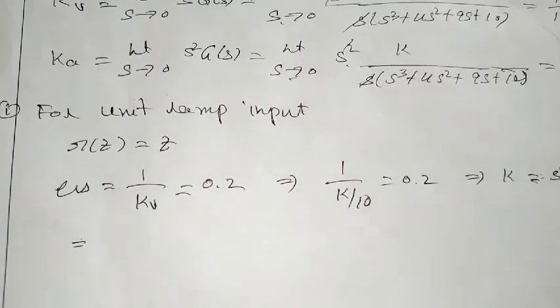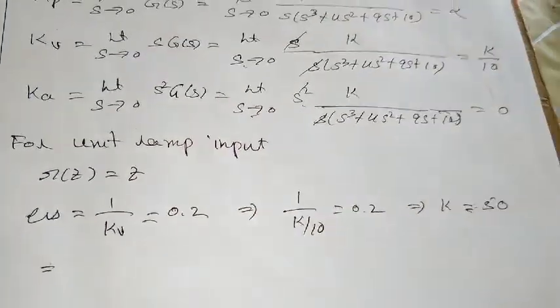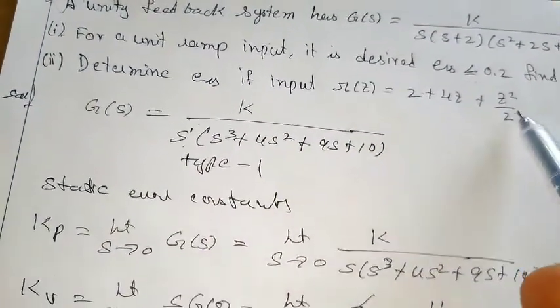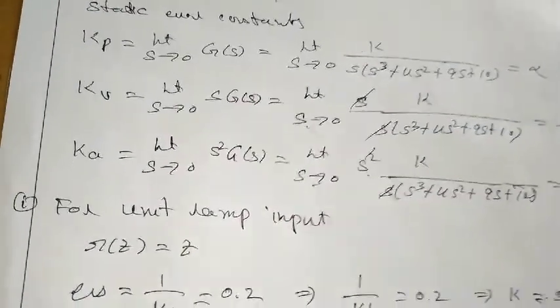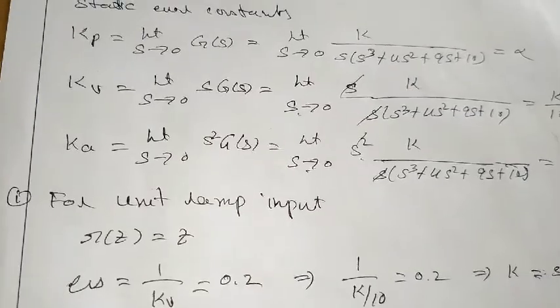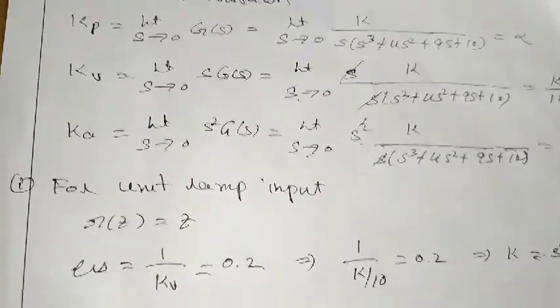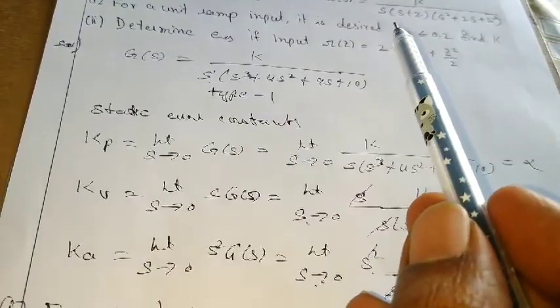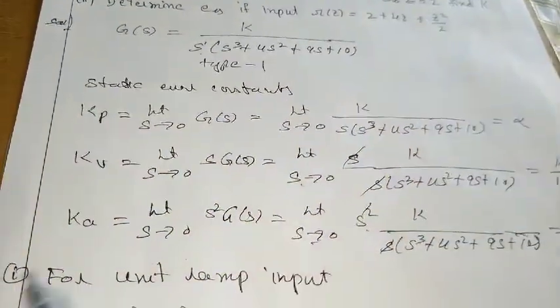Let us substitute this 50 in this, and we'll find out the steady state error when the input R of t is 2 plus 4t plus t square by 2. So we have to find out again all the Kp, Kv values. Since it is type 1 system, we need to calculate only Ka.